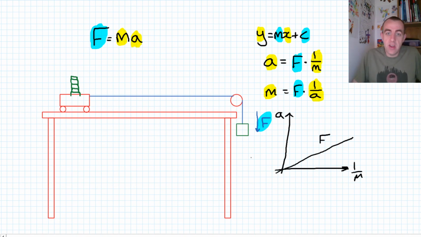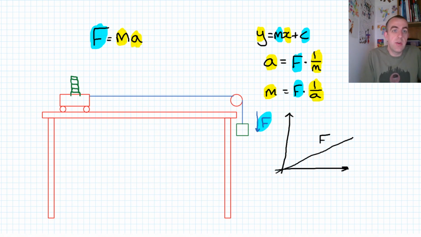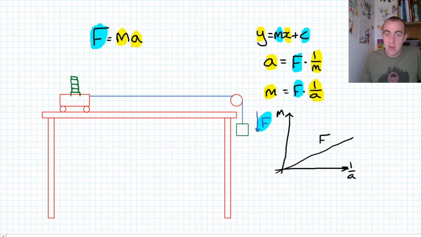If we plotted it the other way around, mass versus 1 over acceleration, then if there's some non-zero intercept, we are saying that we would get infinite acceleration for a non-zero mass. And you might be able to get funny results like that if we don't take into account things like the mass of the string, but it's minuscule, absolutely minuscule.